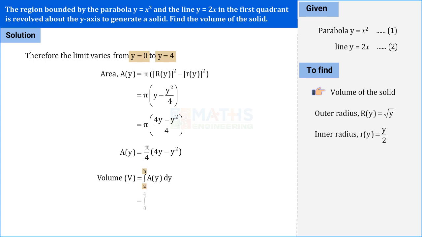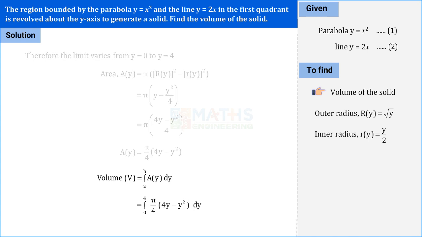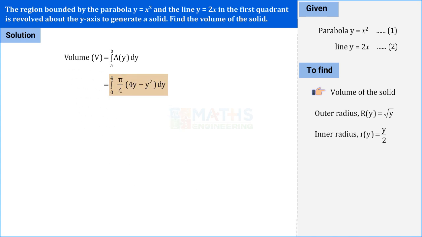What is the limit of y here? 0 to 4. Replace A of y value here. Shall we integrate this? Pi by 4 is a constant term that can be taken outside. Which formula we are using for integration? Integral x power n dx. Tell me the formula.